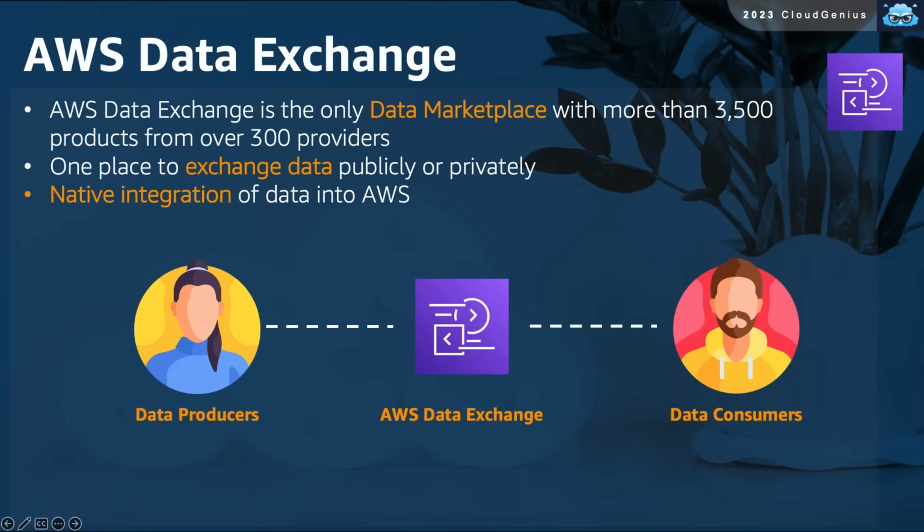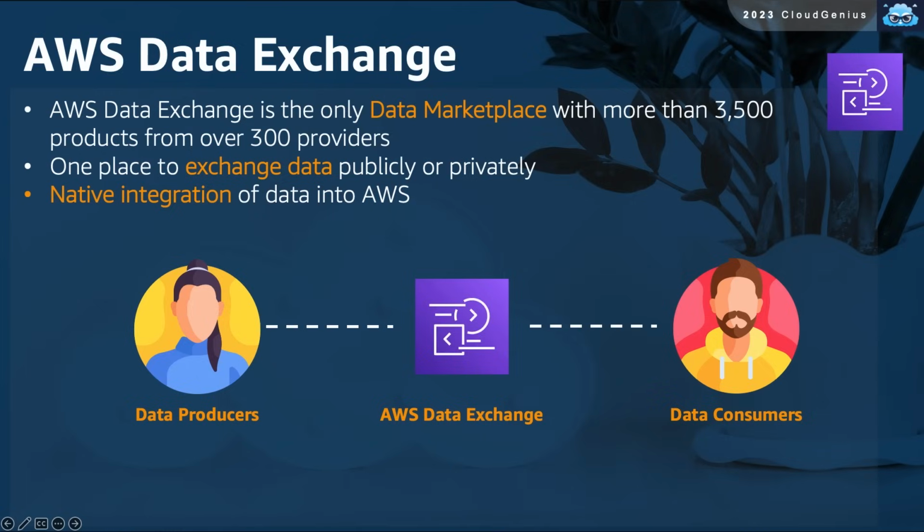AWS Data Exchange is a service that makes it easy for organizations to securely find, subscribe to, and use third-party data in the cloud. It simplifies the process of discovering and acquiring data from various providers, helping businesses gain insights and make informed decisions. With AWS Data Exchange, you can browse and search for a wide range of data products, including datasets from a diverse ecosystem of data providers.